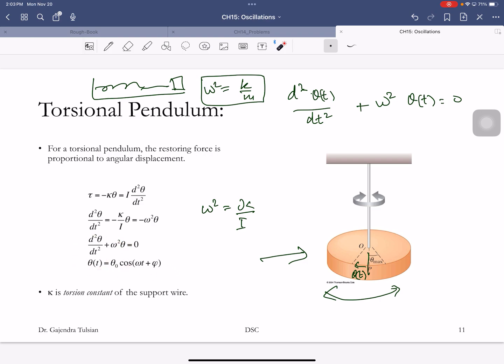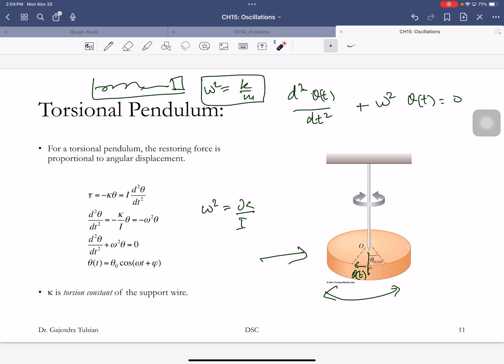Okay, so linear second order differential equation, and here are the two constants that have to be determined by initial conditions. These two constants are not there in the original equation. So what would theta naught be? Theta naught would be the initial angle to which you twist and then let go.